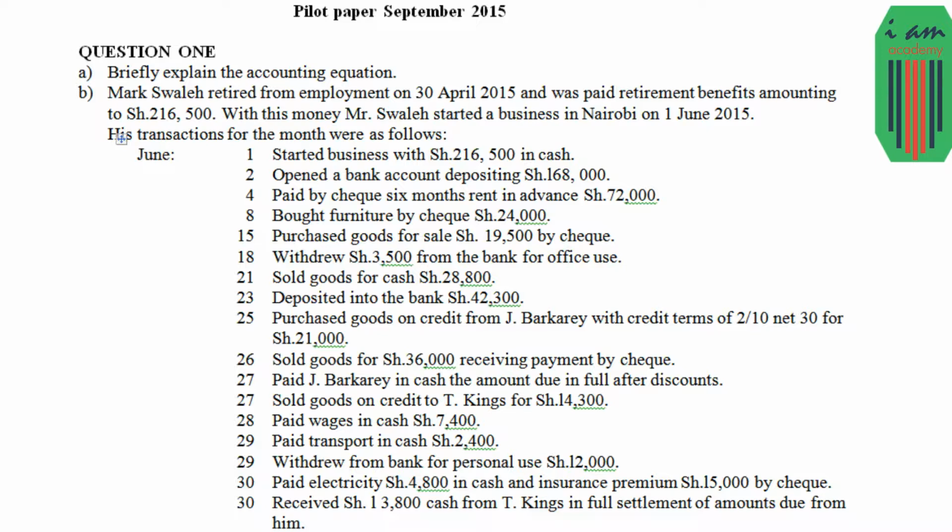On 30th, the last date, Mark Swale paid electricity 4,800 in cash and insurance premium of 15,000 shillings by check. On 30th, he received 13,800 shillings from T. Kings in full settlement of amounts due from him.